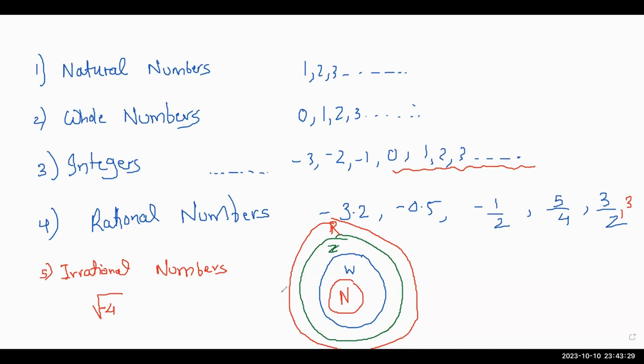When we come to square roots, I'll tell you what square roots mean. For that, you need exponents first. Then you'll understand square roots. Are you getting it? So there are some numbers which cannot be expressed as fractions. Such numbers are called irrational numbers.